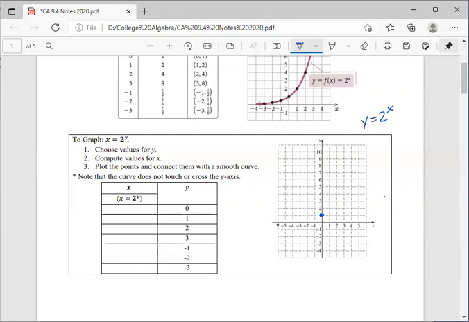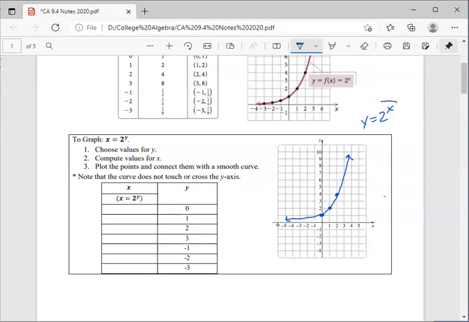If I plug in 1, I would get 2. If I plug in 2, I would get 4. And this graph looks something like this. It's the same one that you can see above. When you graph it, it gets really close to the x-axis, or y equals 0, but it doesn't touch it. So that's that line, y equals 2 to the x.